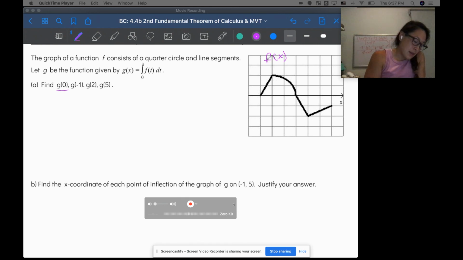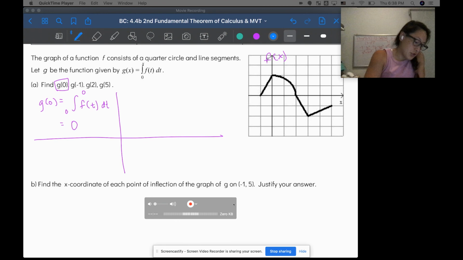If I want to find the value of g of 0, I need to find the area from 0 to 0 of f of t dt. And I know if the bounds are the same, the area is going to be 0. That's it. Let's do another one.